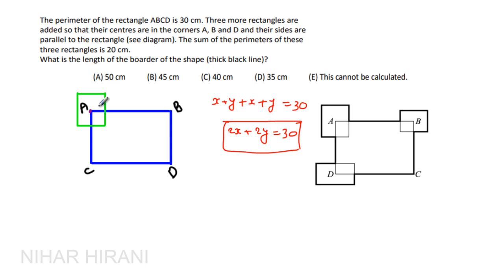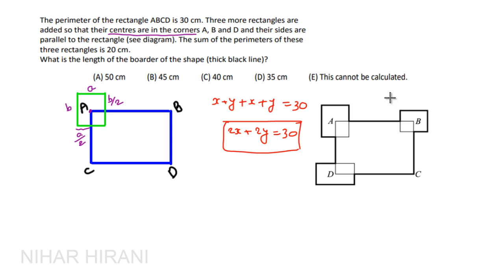Now for the green rectangle, let's assume that length is A and width is B. Because corners are centers, that's given in the question, this much will be exactly half of A, so A over 2, and same way this will be B over 2.